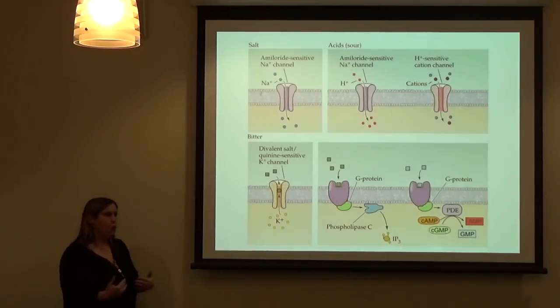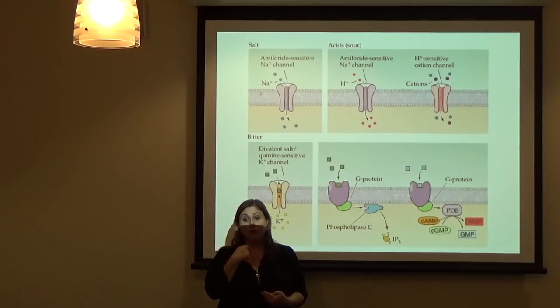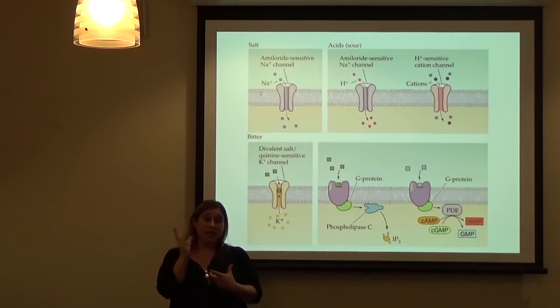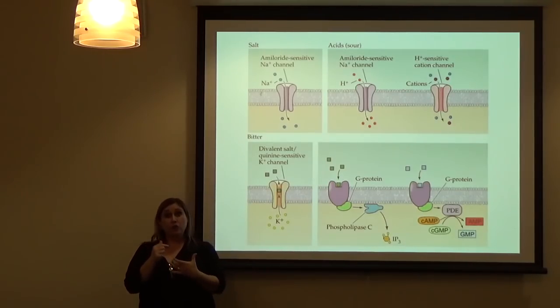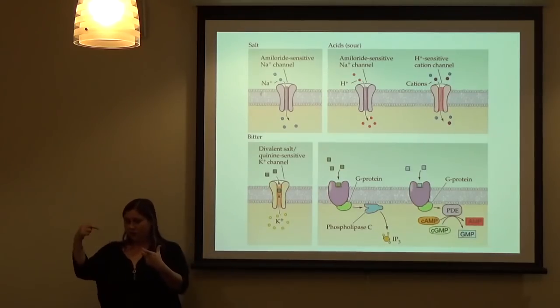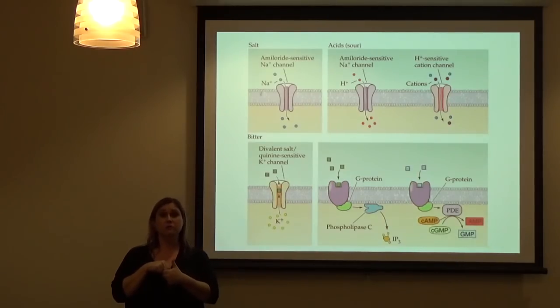Okay, when salt comes into the taste pore, when you taste something salty and it comes into one of your taste pores, and it's a taste receptor cell for salt, the salt actually contains sodium, okay? And so the sodium itself can go right into the ion channels.